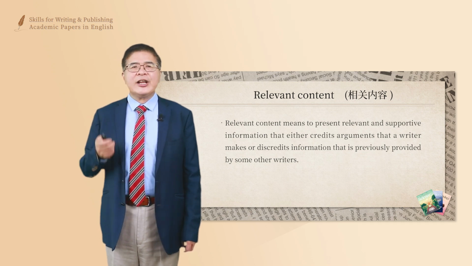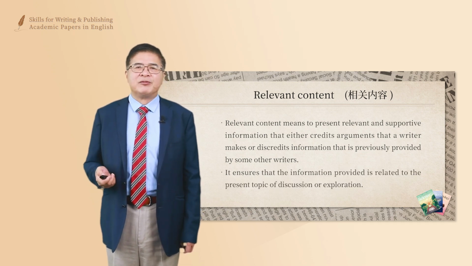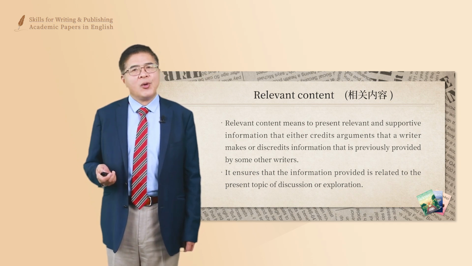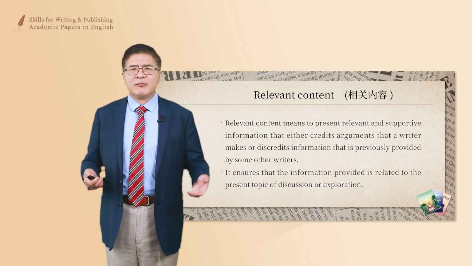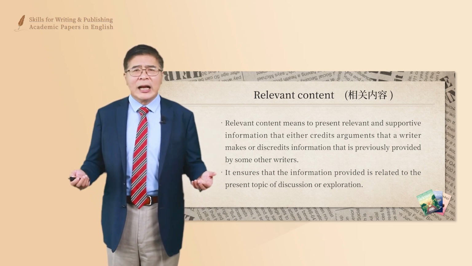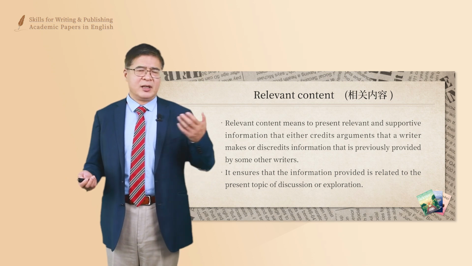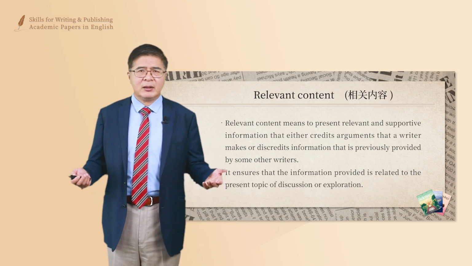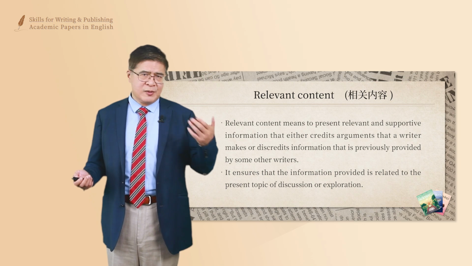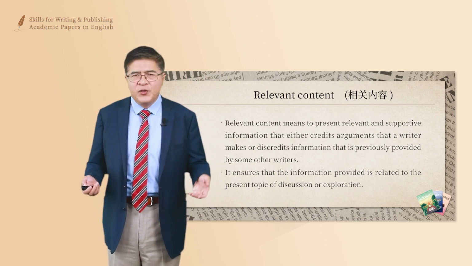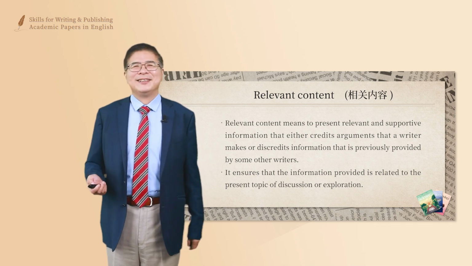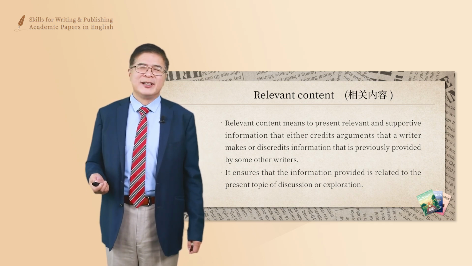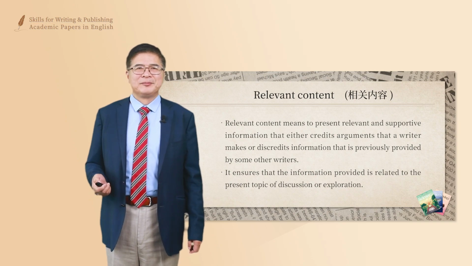The relevant content ensures that the information provided is related to the present topic of discussion or exploration. That means a lot of writers present irrelevant, unrelated information in a paper which eventually only confuses the readers, rather than explain your point more clearly.